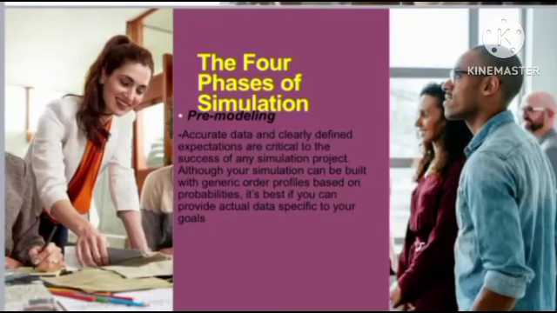So let's move on to the 4 phases of simulation. The first one is pre-modeling. Accurate data and clearly defined expectations are critical to the success of any simulation project.